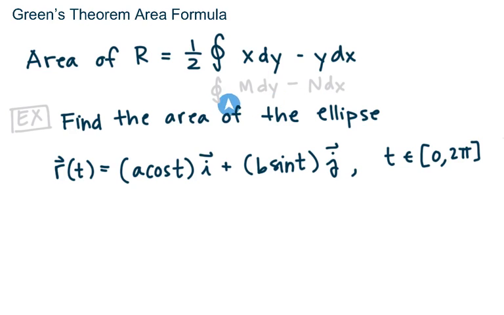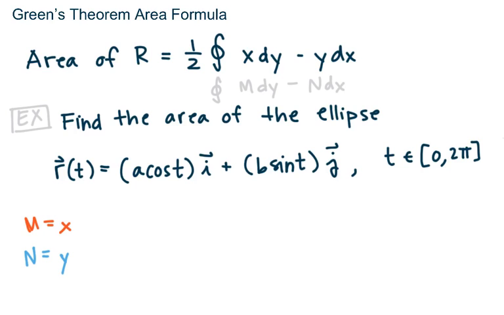So we know that m is equal to x and n is equal to y. Now I don't need to include that negative with my y because the negative is already part of my flux or divergence Green's theorem formula.